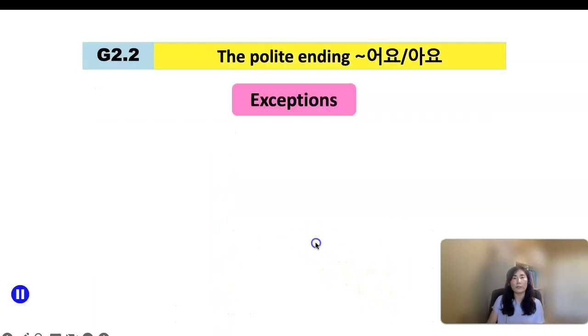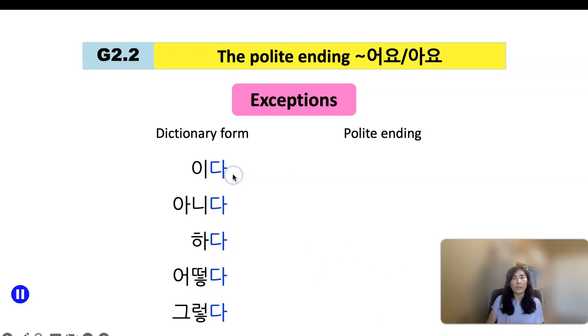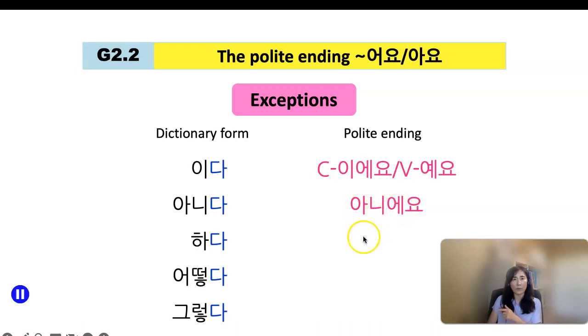Okay. However, the third section. 이다. The first one is 이에요. We had a look at this in lesson 1, and it does follow the regular rule, and it's conjugated as either 이에요 or 예요, depending on the preceding noun. 아니다. It's always conjugated as 아니에요. 하다, 해요. All kinds of 하다 verbs are conjugated as 해요. 공부해요. 숙제예요. 전화예요.